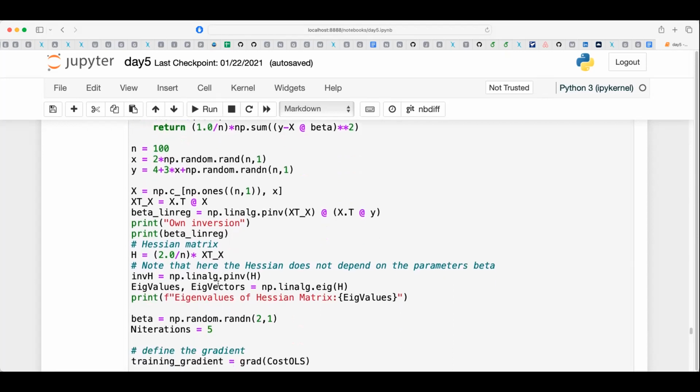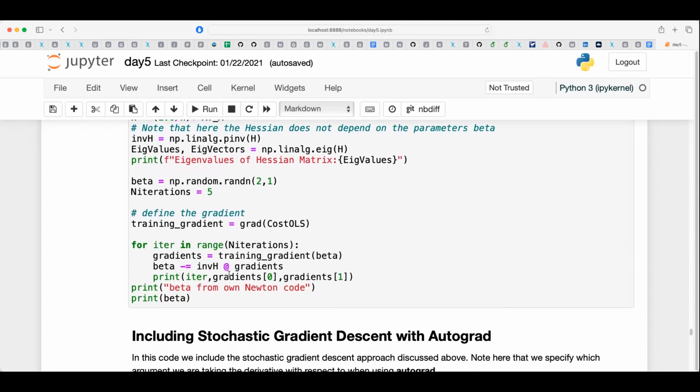And since that does not depend on the unknown parameters, because this is standard ordinary least squares, I now calculate the gradients, and the only thing I do now is my iterations, where I calculate my inverse times the gradients. So that's a matrix of dimension 2 times 2 times a vector of length 2. So that gives me the parameters of length 2.